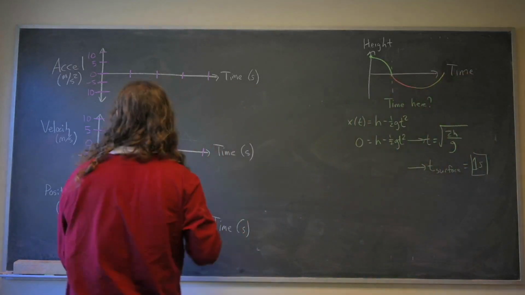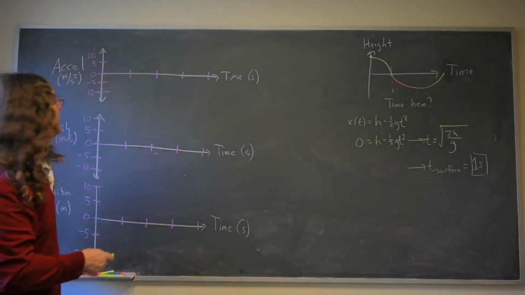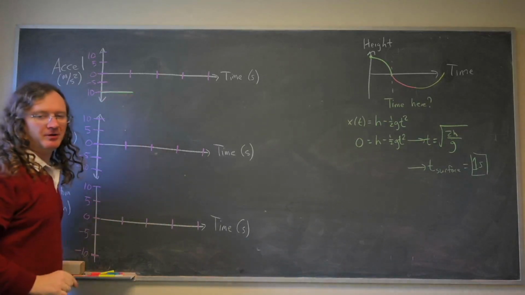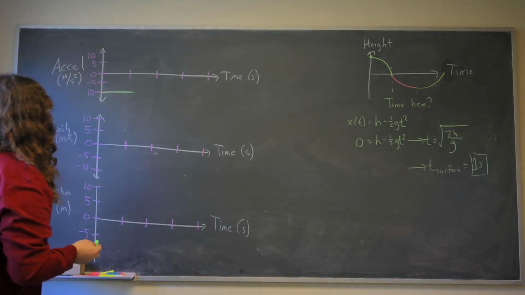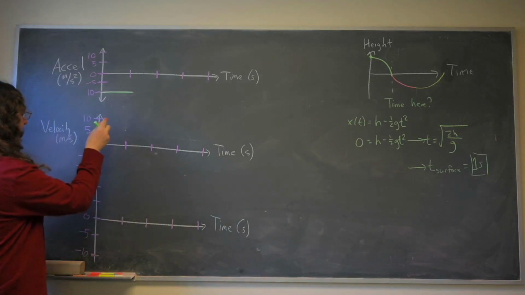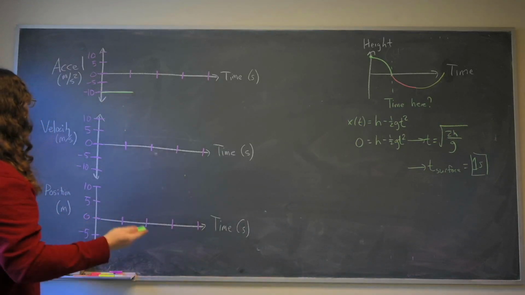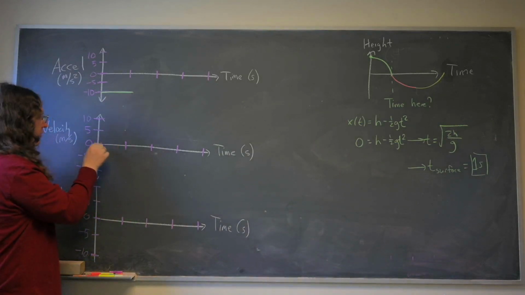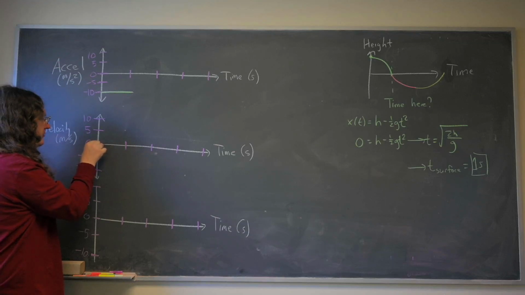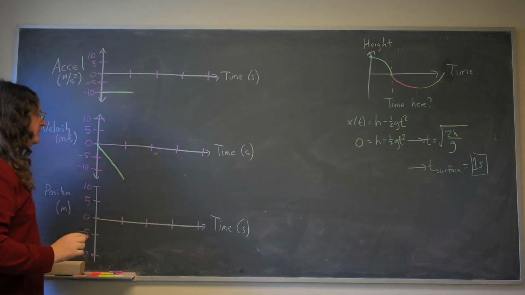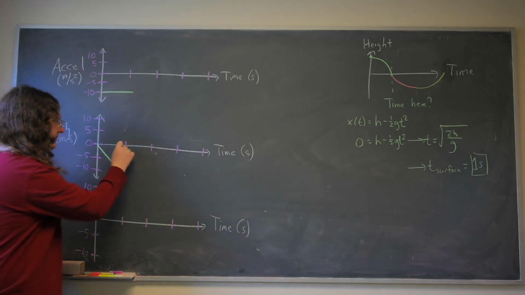So we can fill in the first bits of our graph here. This means for 1 second, the acceleration is 10 meters per second squared downward, minus 10. Let me put my minus sign on my axis labels here. And for that 1 second, the velocity will decrease from 0 to minus 10 meters per second.